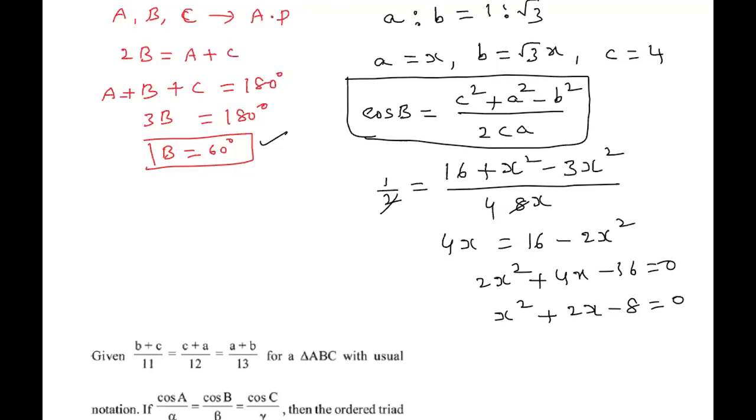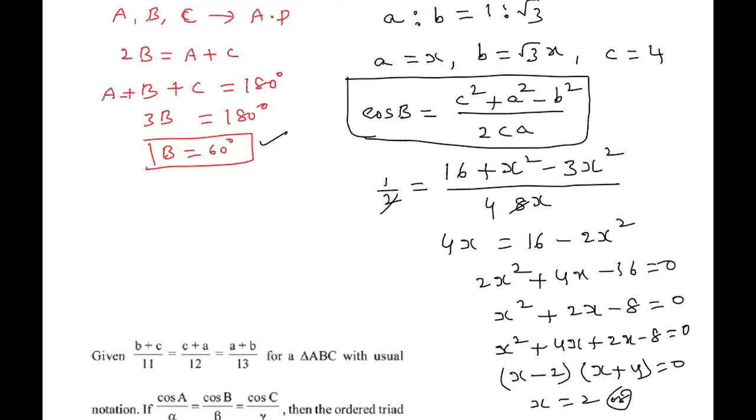So how much will come? x square plus 4x minus 2x minus 8 is equal to 0. I think finally this is (x minus 2) into (x plus 4), that is equal to 0. So here x value is 2 or minus 4.